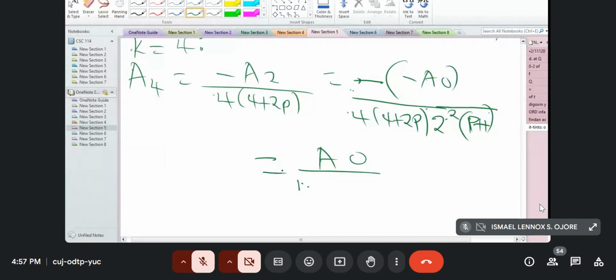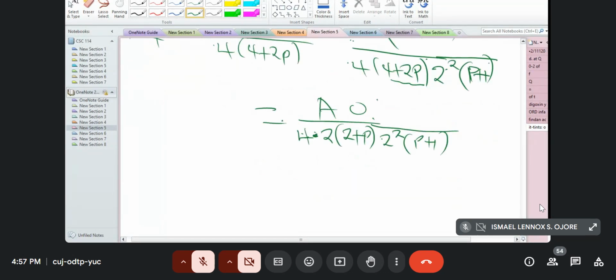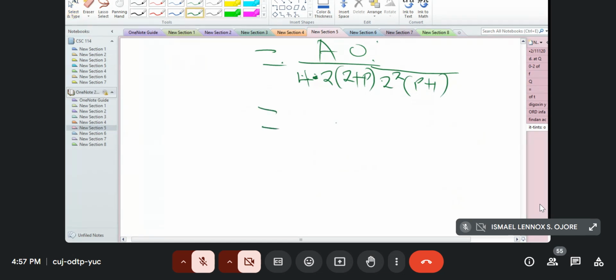First we have a 4 here, then we factor out what is common from this bracket. 2 is common, we'll have 2 plus P. Then we are multiplying with 2 raised to power 2, then P plus 1. This is positive A naught divided by 4, which is the same thing as 2 squared.